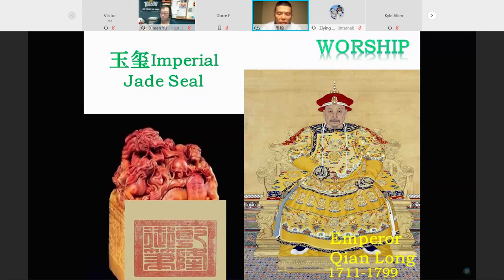And we also think jade can bring people good luck, and it can keep your body healthy, which means it can bring fortune and good health. So even nowadays, Chinese people like jade very much because we think it brings us fortune, wealth and good health. Okay, thank you for asking the question.